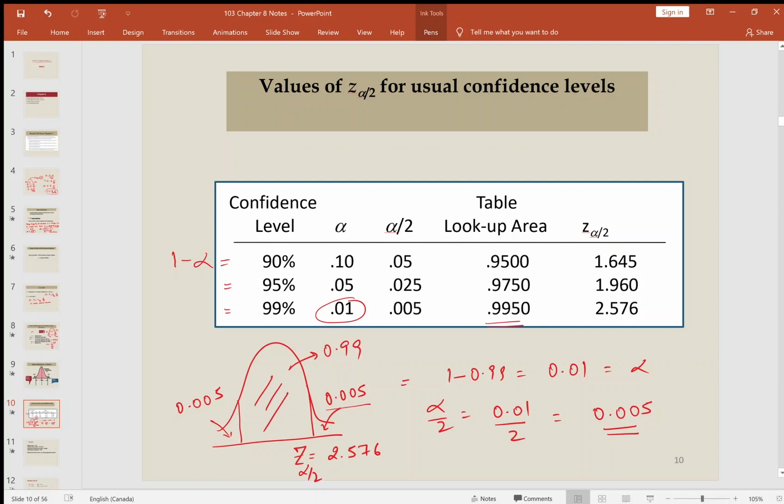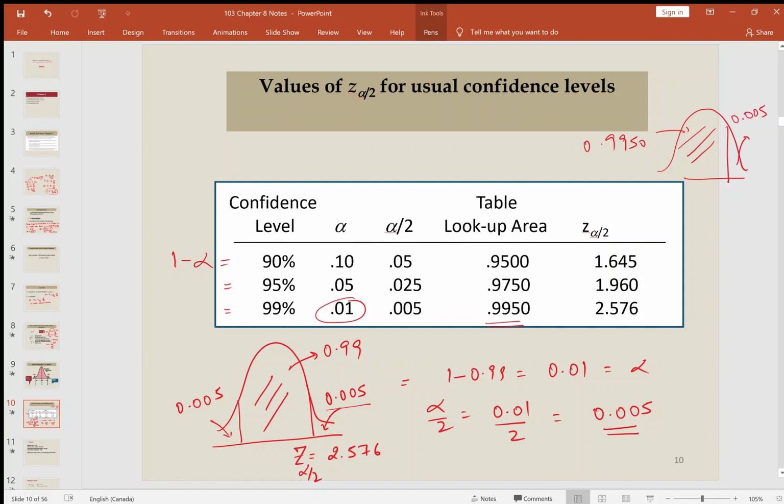So basically what we are looking at in our probability table is this area is now 0.9950 because this area is 0.005.